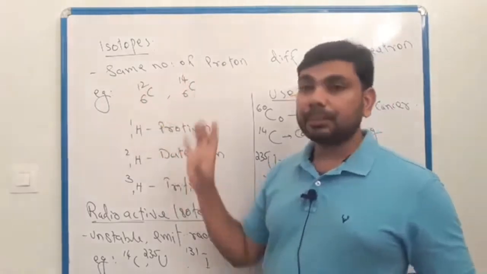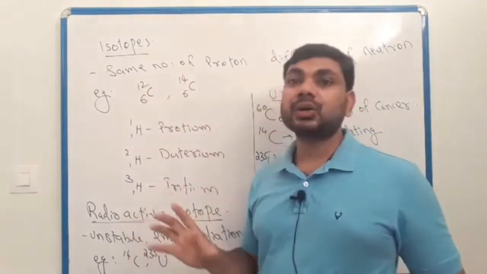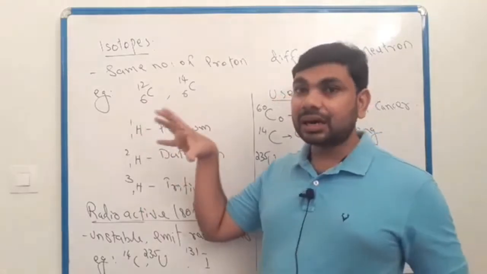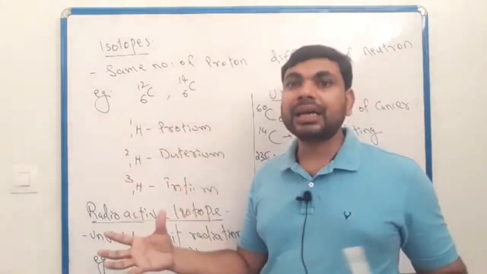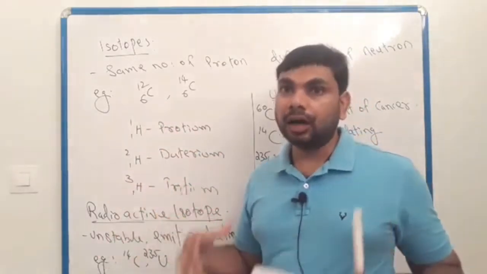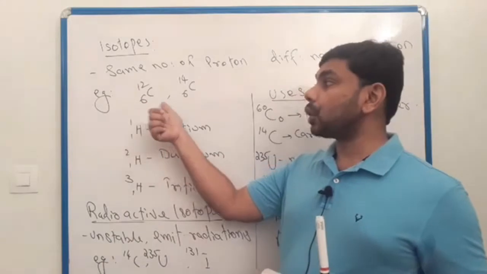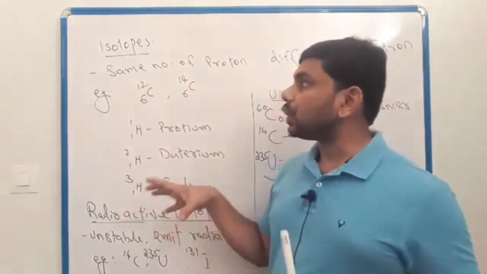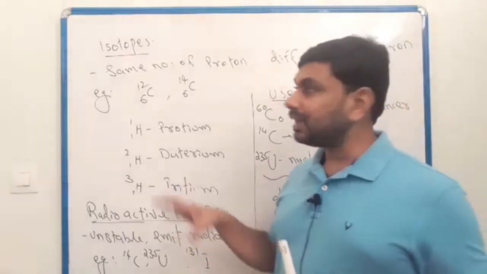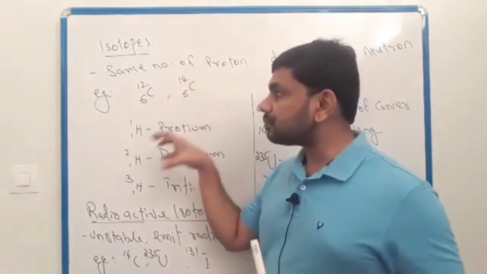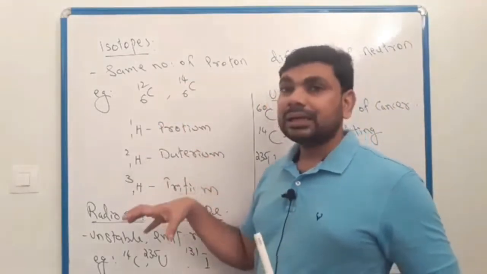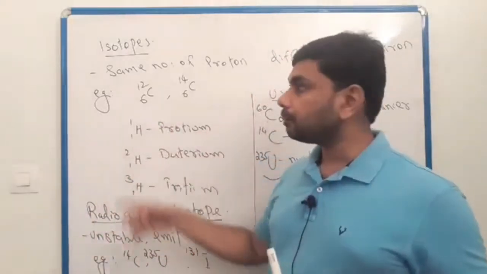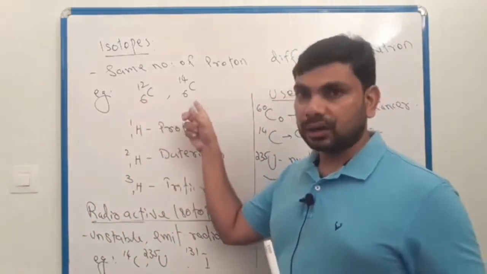This type of atoms are called isotopes. These are different atoms, but they are the same element, carbon. They have the same proton number, but different mass number. Isotope means different atoms of the same element with different mass number. Okay, these are the isotopes of carbon.